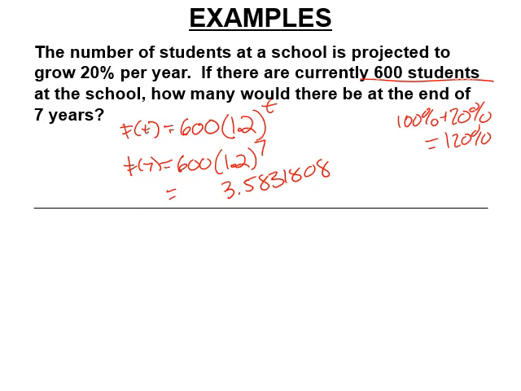Times 600 equals, all right, times 600, and if they're growing 20% per year, there will be 2,150 students there at the end of our 7 years. Yeah, 20% growth is huge.